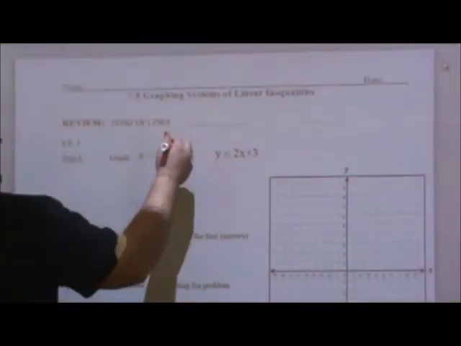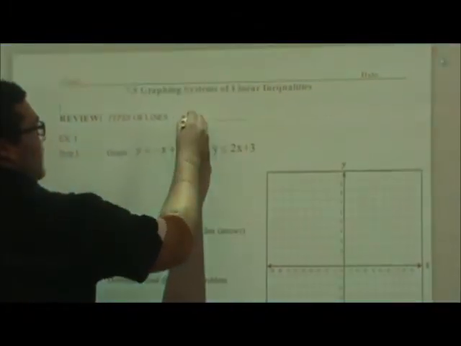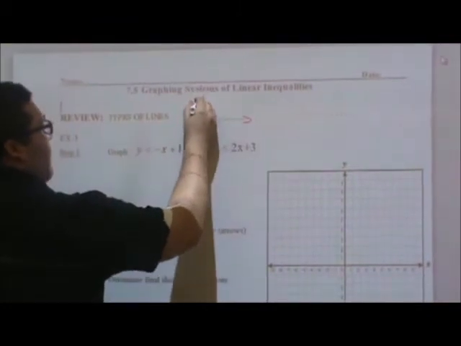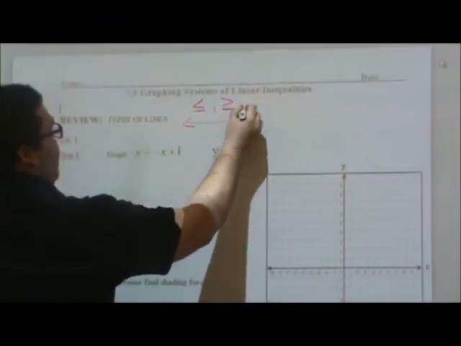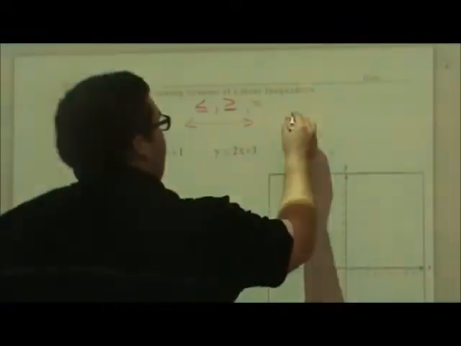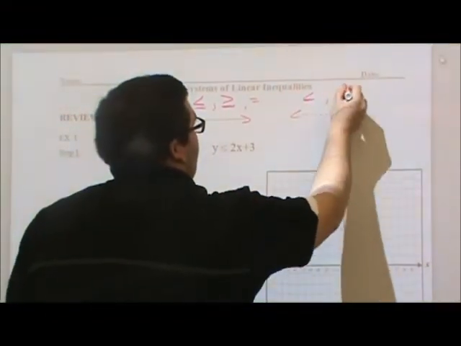Well, when we have a solid line, that's when we have less than or equal to, greater than or equal to, or obviously equal to what we've been dealing with. When we have a dashed line, that's when we have less than or greater than.